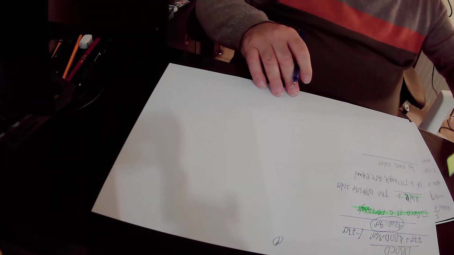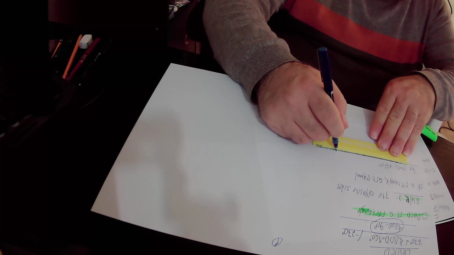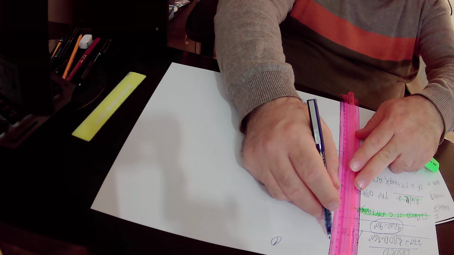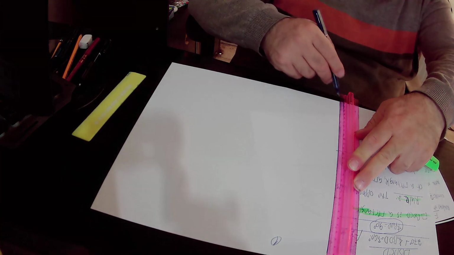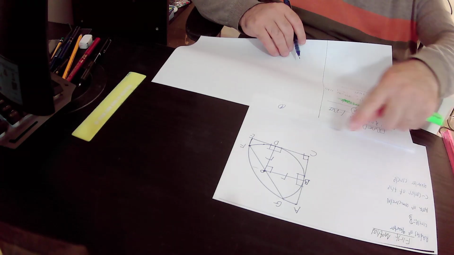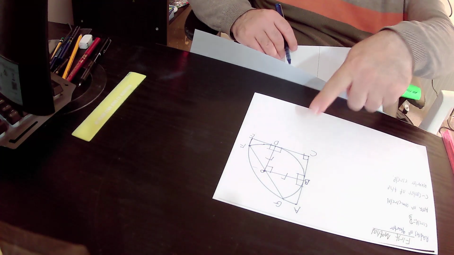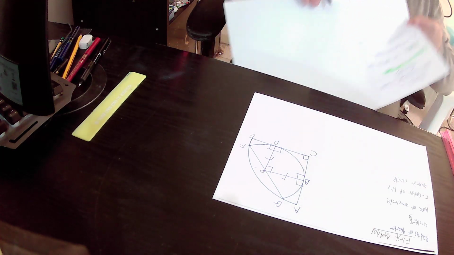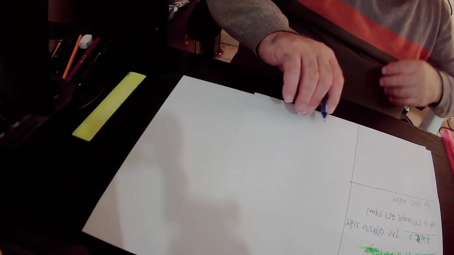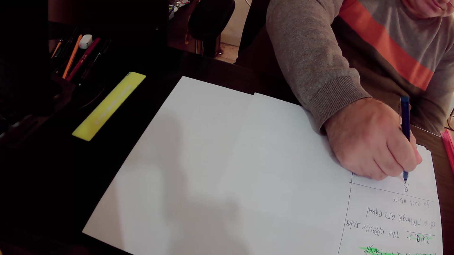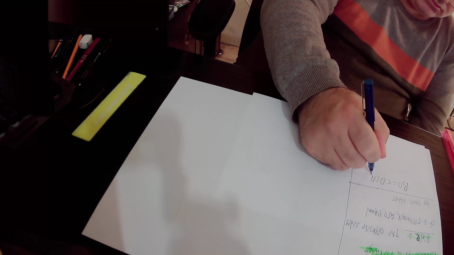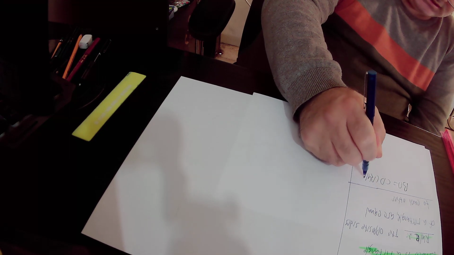So, according to rule number 2, in rectangle BOCD, side BO must be equal to side CD, according to rule number 2, that the opposite sides of a rectangle are equal to each other.